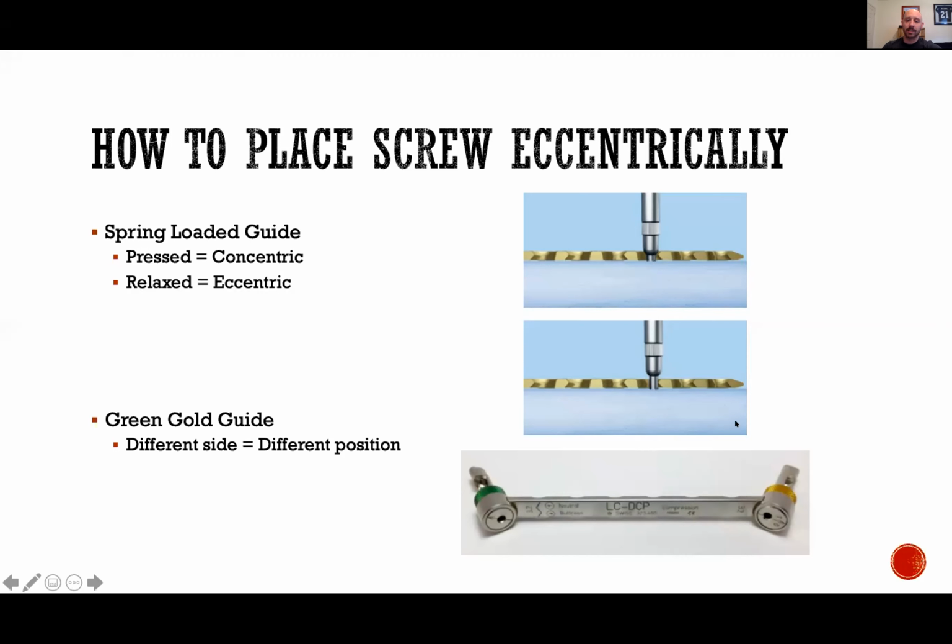If you relax and you just move your guide exactly where you want it, you can then put it up to the edge of the plate, and this allows you an eccentric screw. So you would first do concentric and push it down deep into the drill hole. And then the second time, to get an eccentric screw, you would do just a light touch and let it just touch the side of the plate.